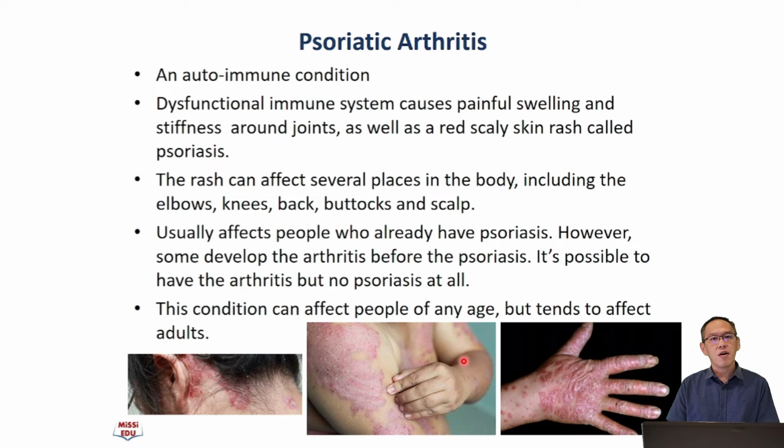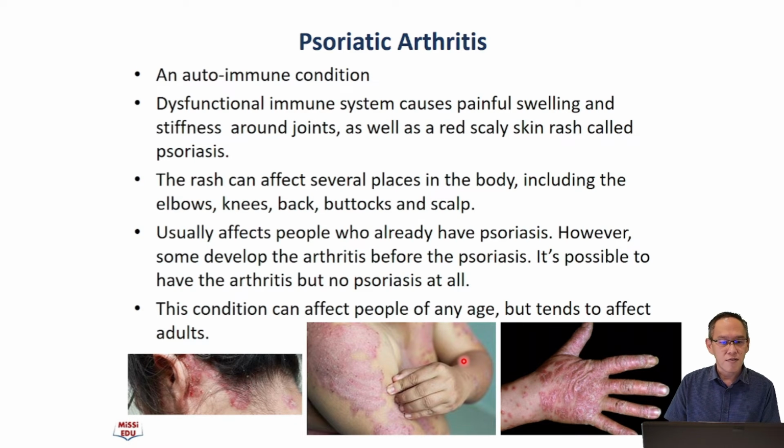The other common type of arthritis is psoriatic arthritis, which is associated with a particular skin disease called psoriasis. Again, it's an autoimmune condition. A dysfunctional immune system causes painful swelling and stiffness around the joint, as well as a red scaly skin rash called psoriasis.